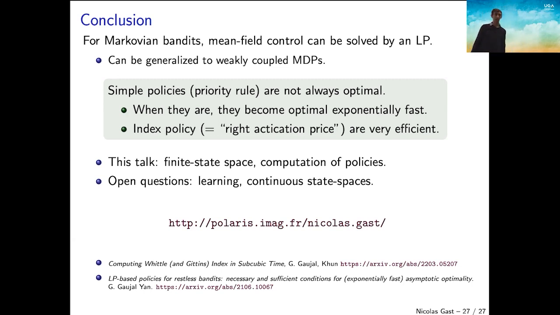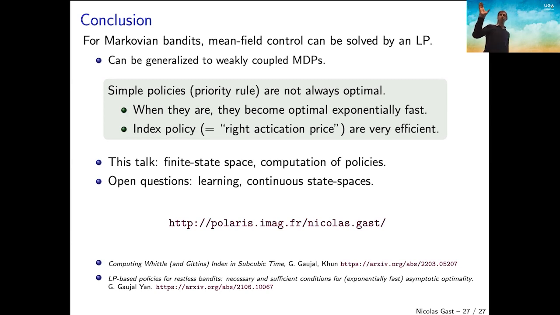There are different questions that we can think of. Here I'm mostly focused on going from the relaxed problem to the finite problem for finite state space, and how to compute this, how to make it efficient.